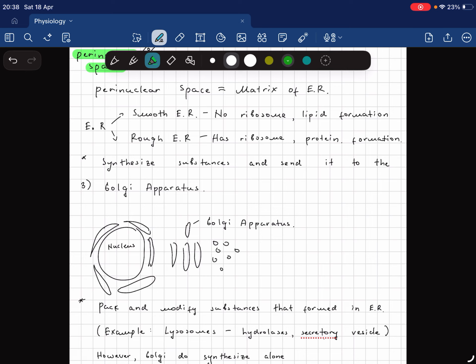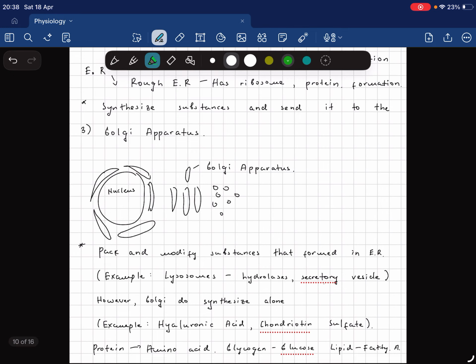But in the Guyton, it emphasized that in the endoplasmic reticulum there are also some substances which can be synthesized there only. I will explain it later.